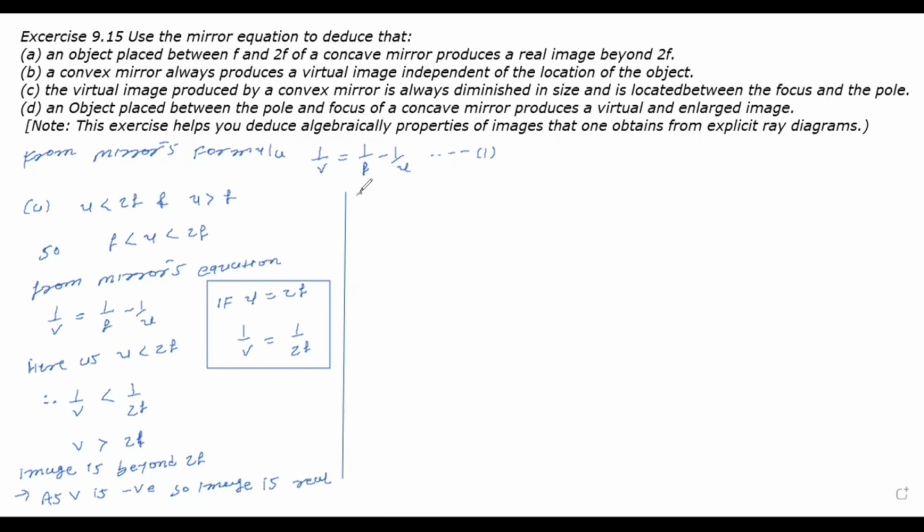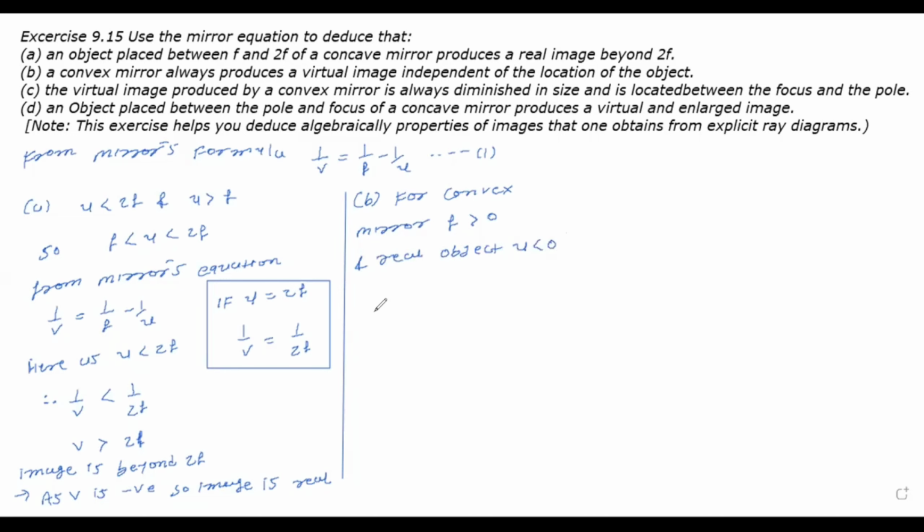So in part B, as we know, for a convex mirror the focal length f is greater than 0. And for a real object, u is less than 0.